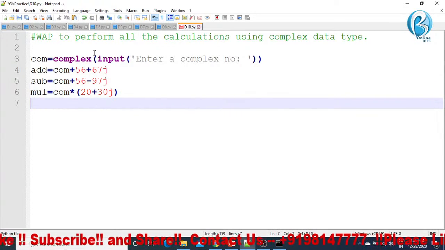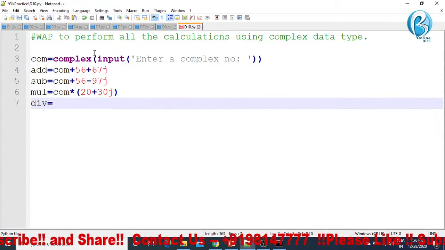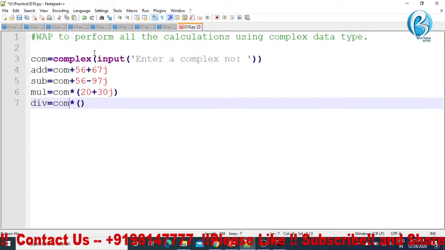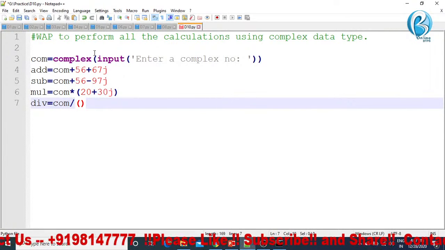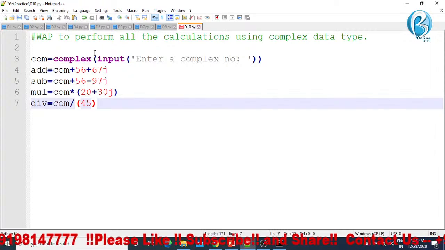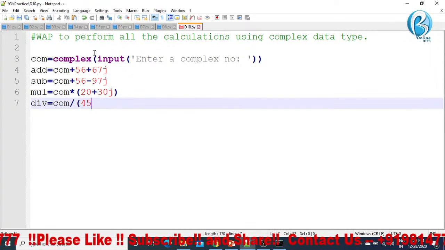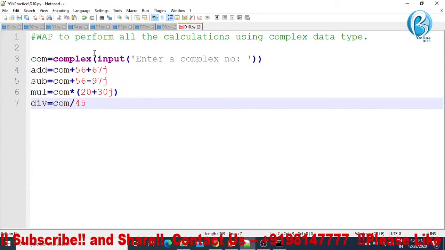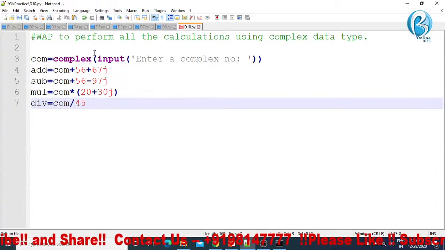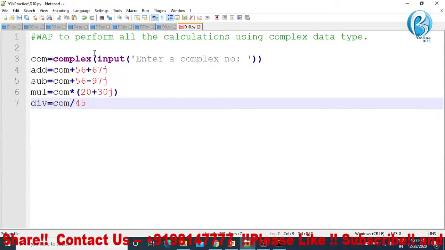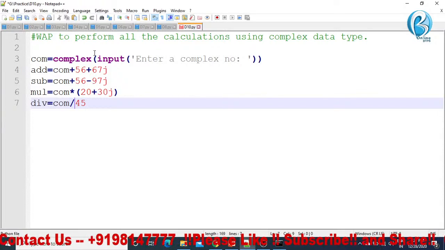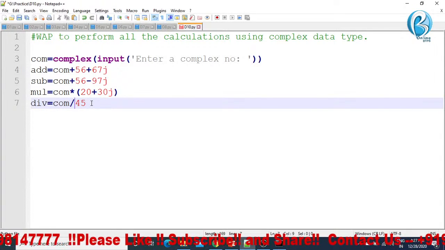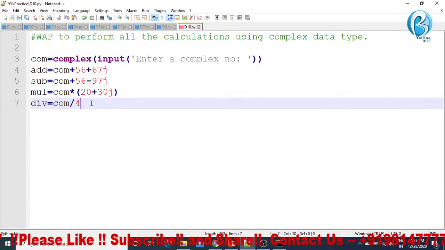Then division equals comp divided by 45. We can do anything, right? If we pass only the real part, it will perform the calculation only with the real part and leave the imaginary part, and if we pass both, it will take all of them and perform the calculation with both of them. So 45, right? Or we can take 4 also.